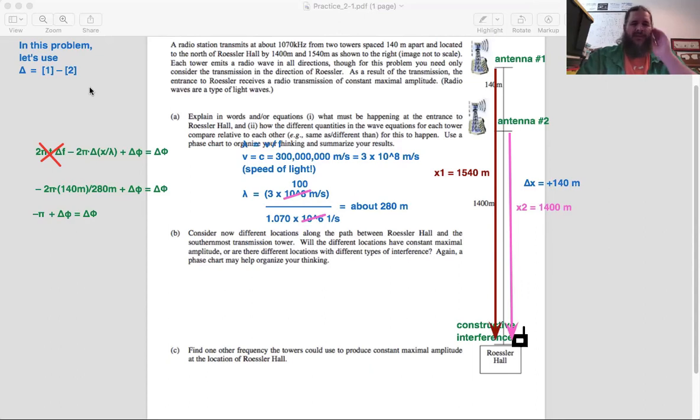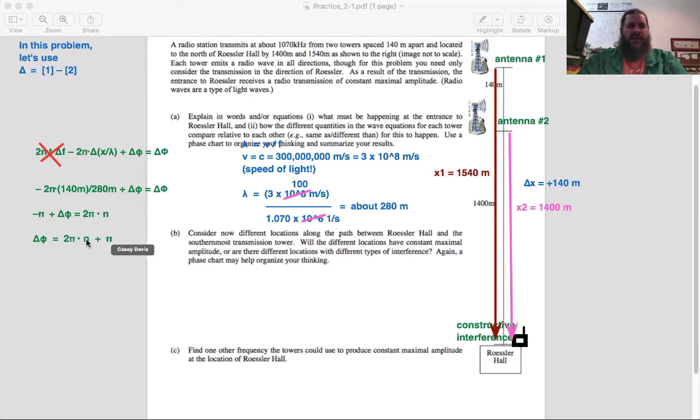We can see that algebraically as well, because if we know we've got constructive interference, delta phi has to be a whole number multiple of 2 pi times n. If you then solve for delta little phi, you would add pi to both sides. So we get 2 pi times n plus an extra pi.